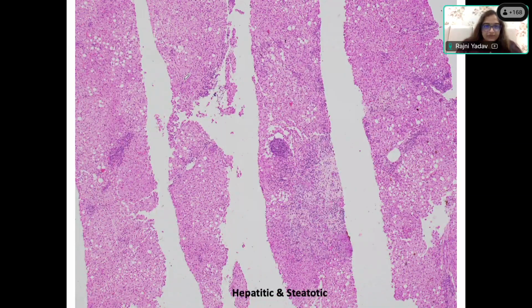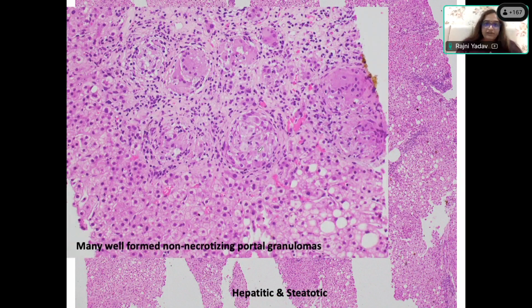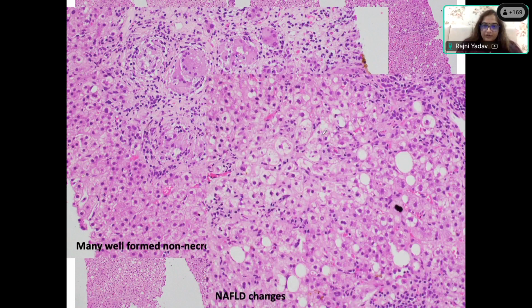Here what we can see is some macrovesicular steatosis and a lot of inflammation also. So this pattern is a combined hepatitic and steatotic pattern. And see what we have got: multiple granulomas. These are well circumscribed and non-necrotizing, in the portal area. Then here we can see the ballooned hepatocytes, so you have this lobular inflammation.